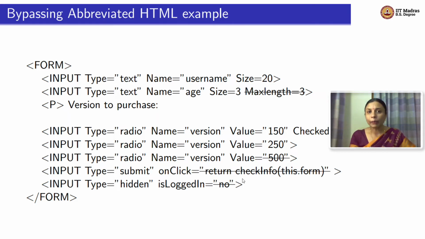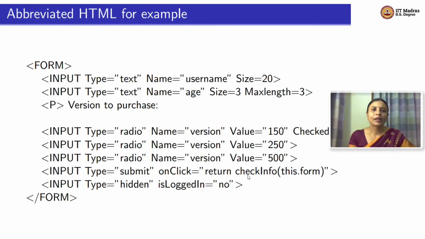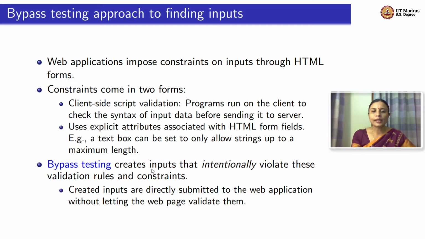By bypass testing, I provide wrong inputs that typically violate the syntax, remove the checks the client side does, and send this data to the server. So I bypass the client-side test. That's the term bypass testing. This is an explanation of that.